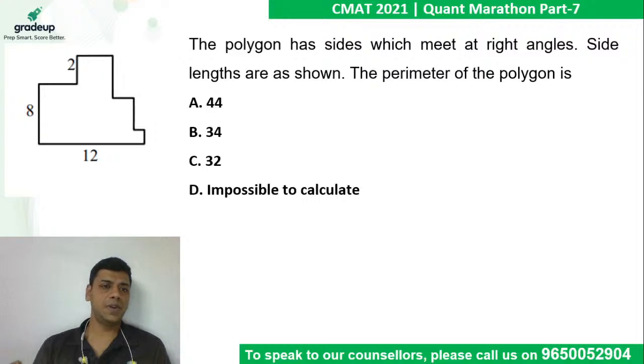You have to find the perimeter of this polygon. Any idea?